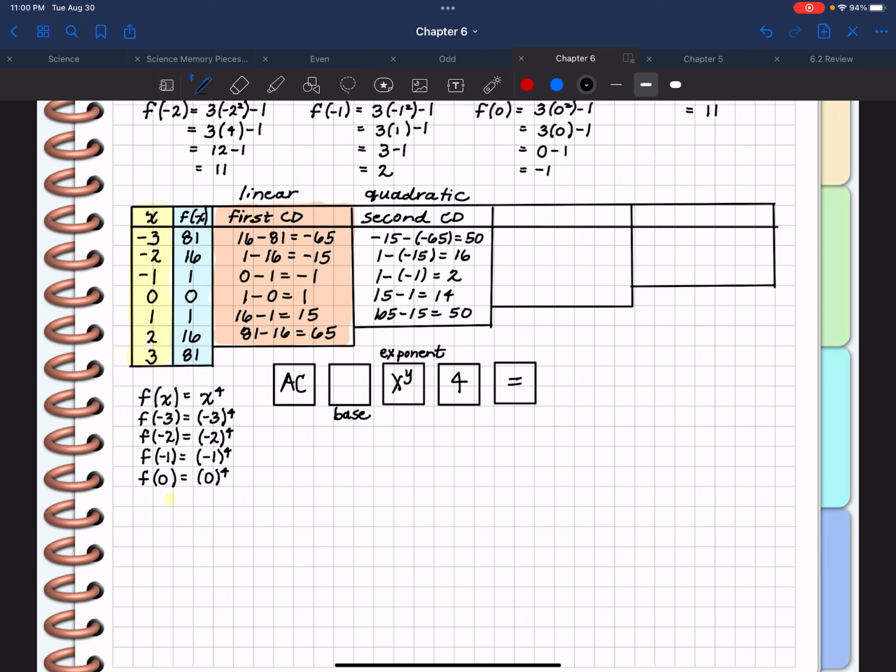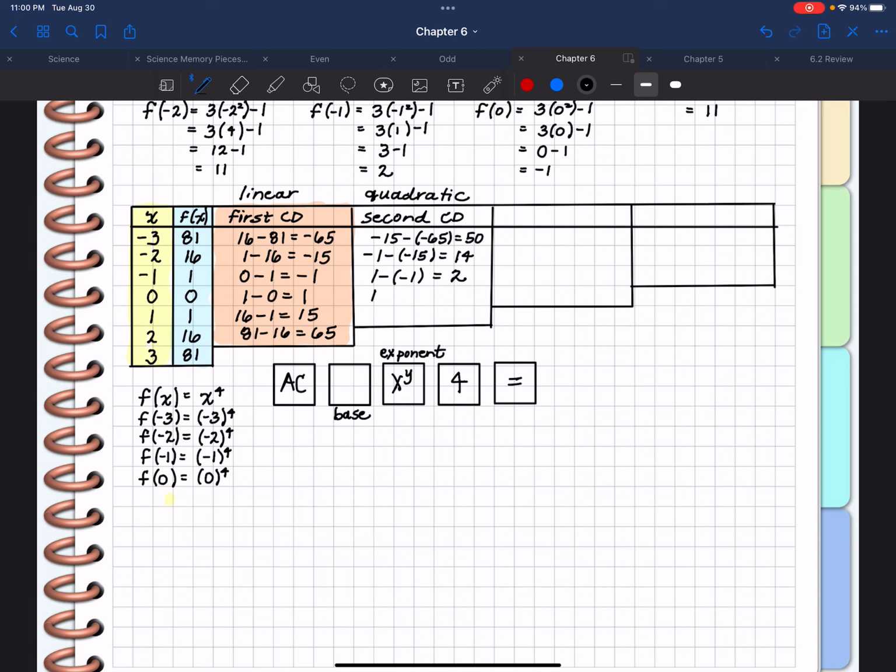Have I done something wrong? Yes, I have. And you know what it is. What do I always do? Yep, I forgot my negative sign. This is 1 minus negative 1. That's going to be 2. Oh, it's right here. Negative 1 plus 15 is 14. Sorry.